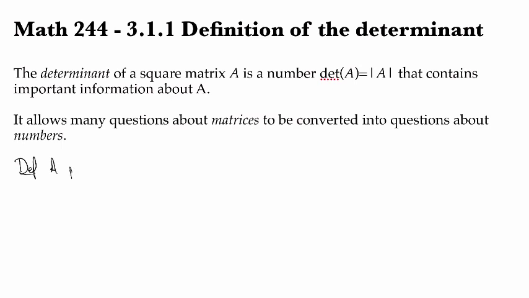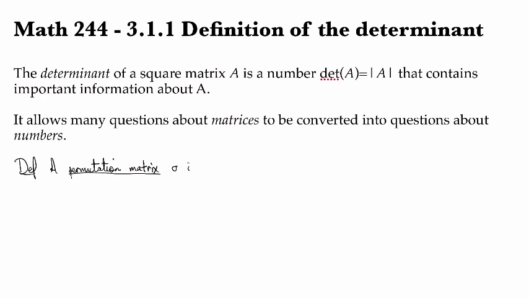So a permutation matrix is a matrix that has exactly one 1 in each row and zeros everywhere else. But there's another way to define it as well. So a permutation matrix, and I'll denote it with the lowercase sigma, which is standard for no reason that I know of.